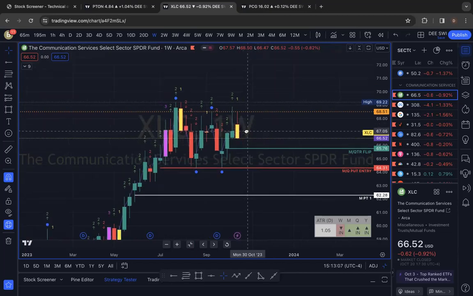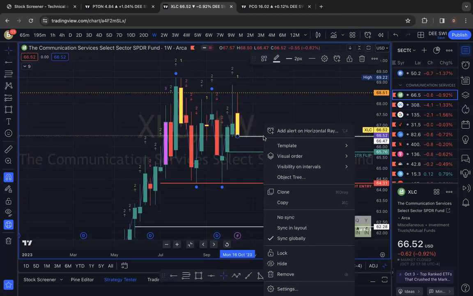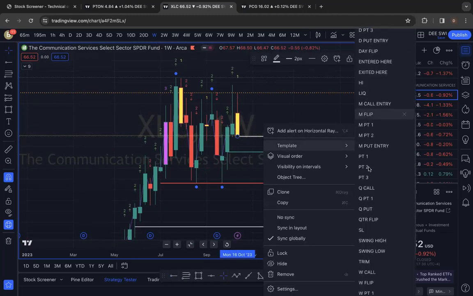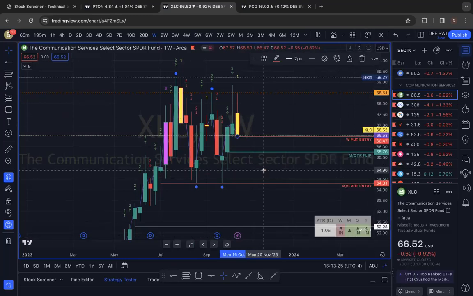So as we can clearly see, the weekly has a Strat actionable signal, a 212. Whether that's to the upside or the downside, it has an actionable signal. So this would be our put entry for the week. Our weekly put entry, boom.